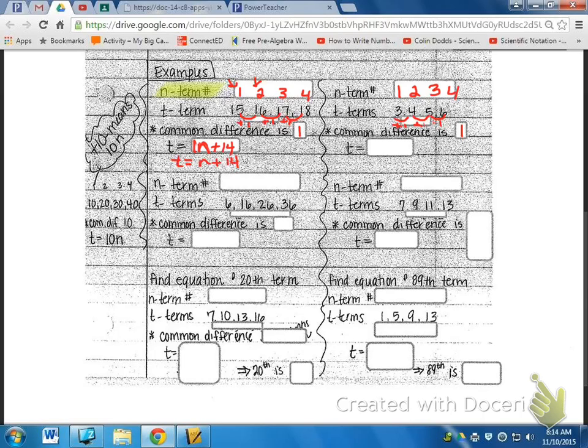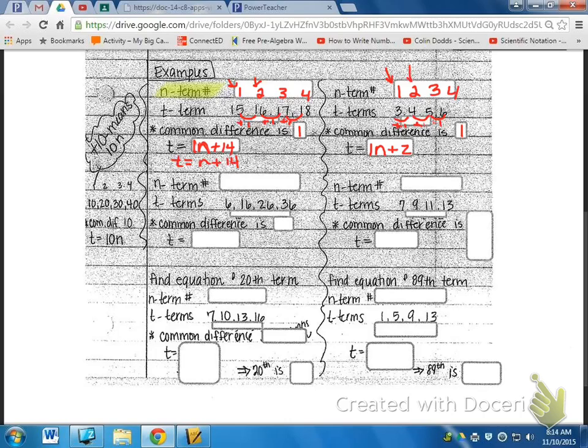So since my common difference is 1, in your equation t equals, you put 1 times n. Then you go up here and you go to the first term. 1 times 1, again, is 1, but we need to be at 3. What would you add or subtract, Layla? 3 minus 1. Well, plus 2.